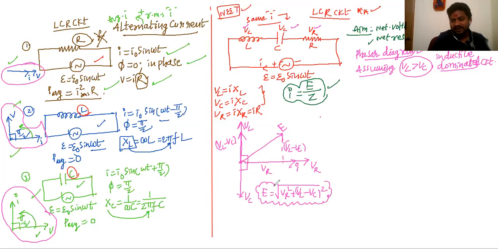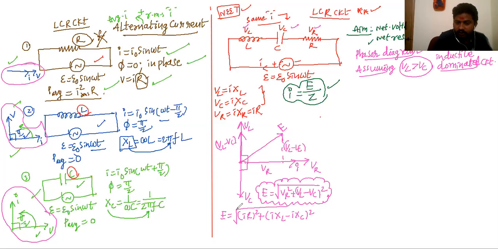Try to understand and remember this part. Now from here, what can I write? Carefully see. E is equal to the square root of, here VR I can write as IR whole square, plus VL, which I can also write as I into XL minus I into XC whole square.